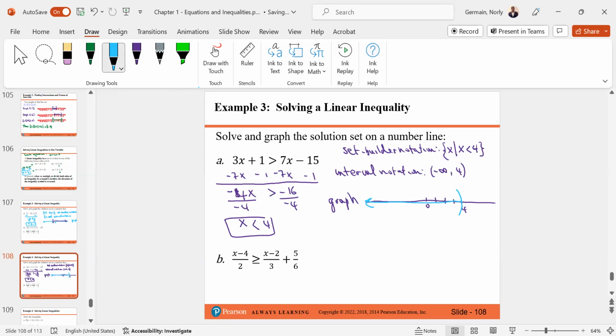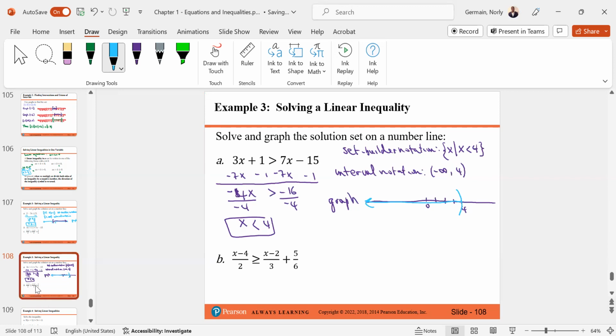So first of all, you simplify each side of the inequality. You collect variable terms on one side and constant terms on the other side. You isolate the variable and solve. You express the solution set in set builder or interval notation, and you graph the set on a number line. That's exactly what we do for this inequality.